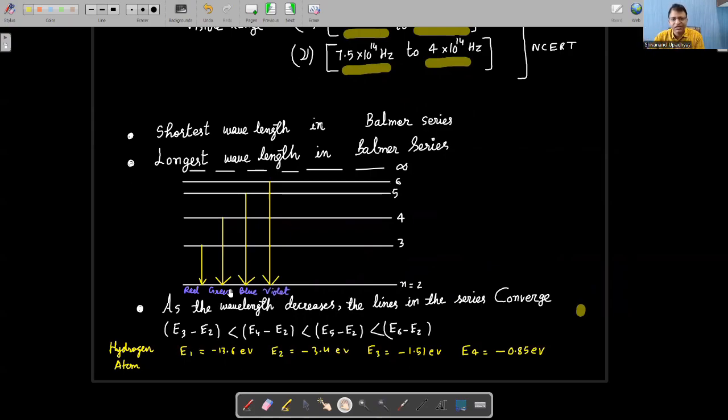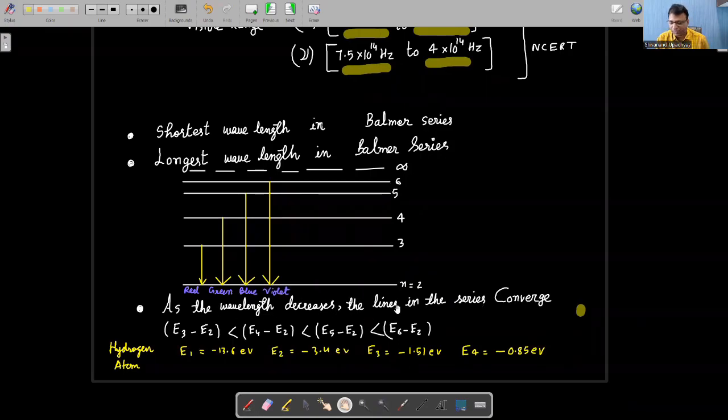Based on that, in JEE Mains, a very good question was asked. The point is that as the wavelength decreases, the lines in the series converge.